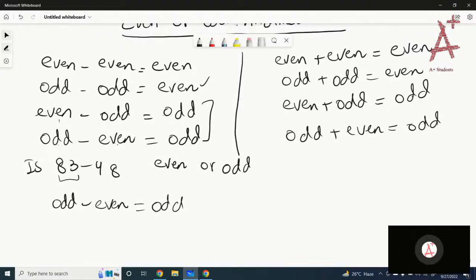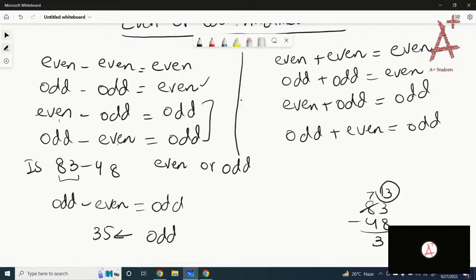You can check by subtracting. Just subtract 48 out of 83. So 83 subtract 48: you cannot subtract 8 out of 3, so you have to borrow 1, it makes 13. 13 subtract 8 is 5. And 7 subtract 4 is 3. So 35 is an odd number. Got it?